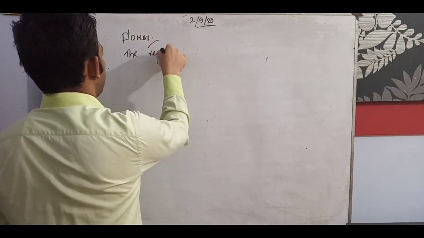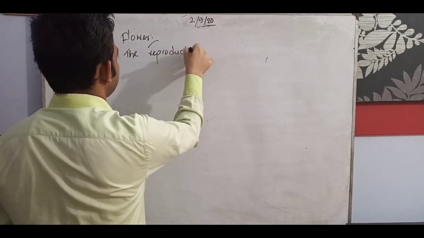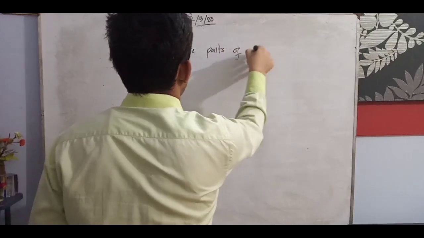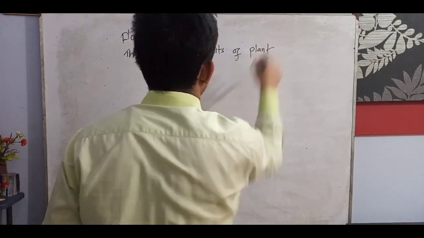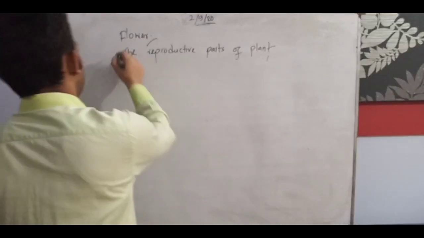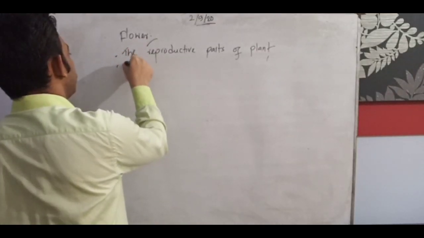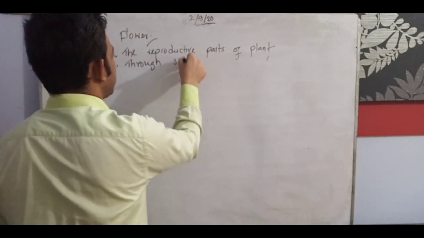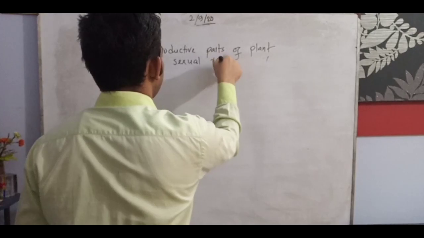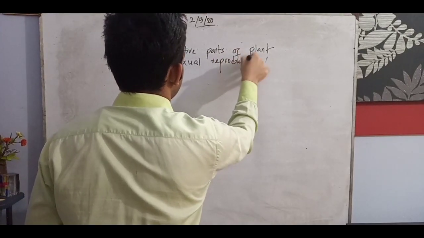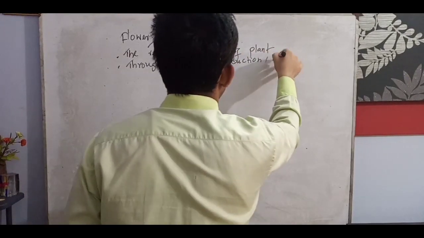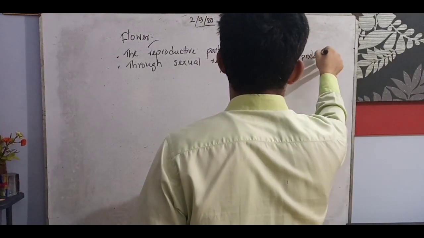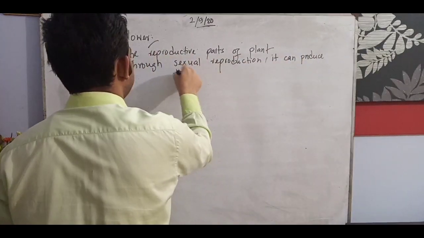The reproductive parts of a plant, through sexual reproduction, can produce the new offspring.